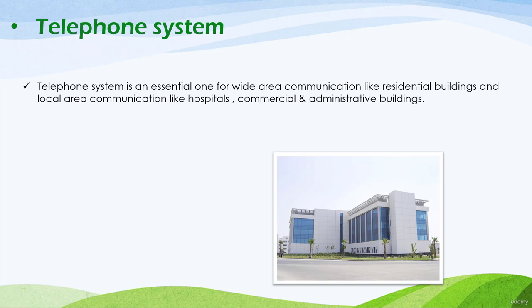So, in those buildings, we use the telephone system that connects all of the working team members in the building with each other in a small or a local area like the administrative buildings, for example.